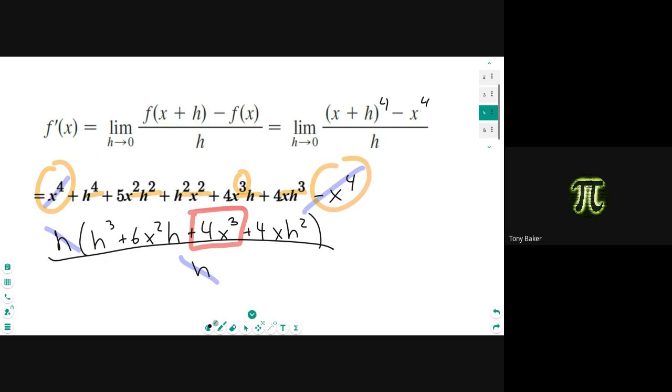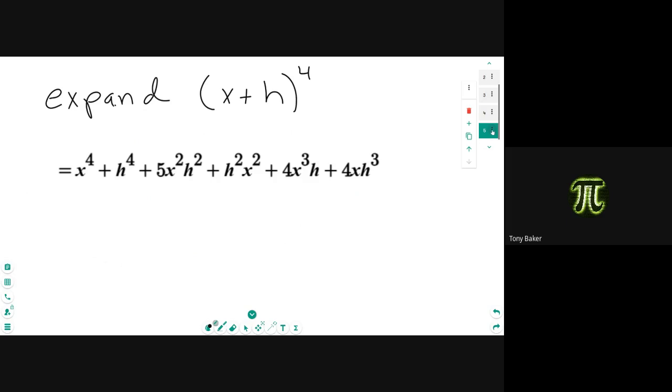So, what do you think the rule is? So if I have f of x equals x to the n, then f prime of x is... Well, we know it's going to be n minus 1, right?